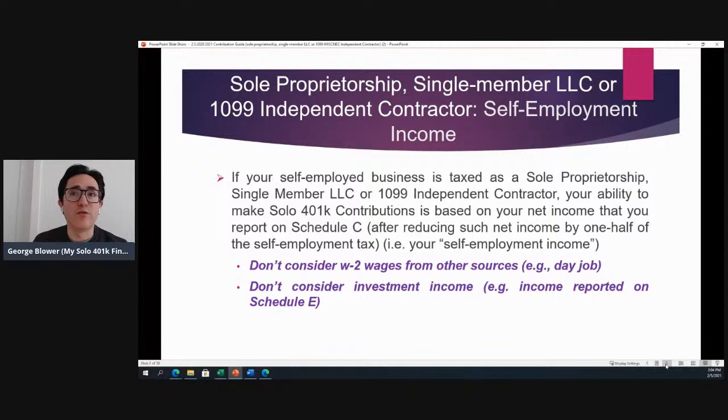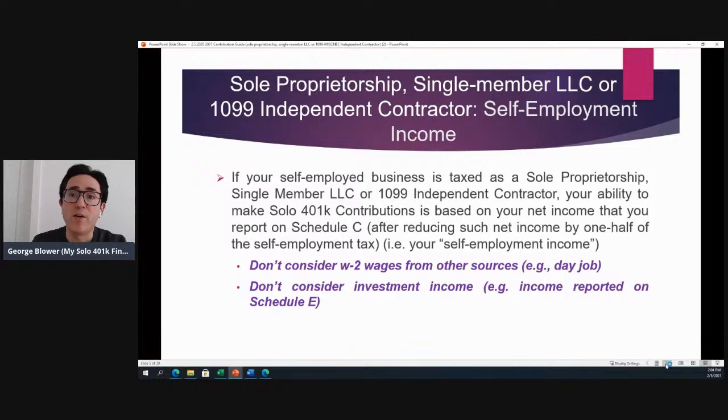So in terms of the first factor, which is self-employment compensation or self-employment income. If your business is taxed as a sole proprietorship, a single member LLC, or you are acting as an independent contractor and you get a 1099 miscellaneous or NEC, your ability to make contributions is going to be based on the net income that you report on Schedule C after reducing such net income by 1/2 of the self-employment tax.